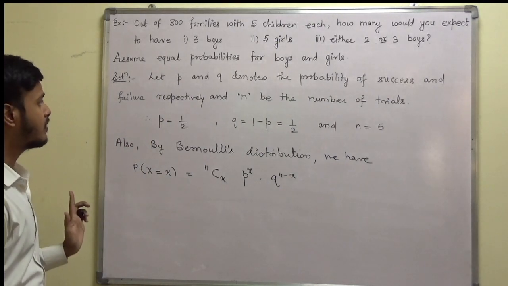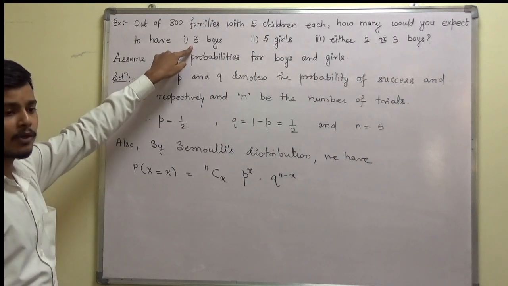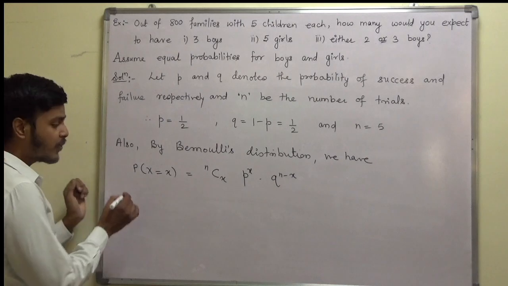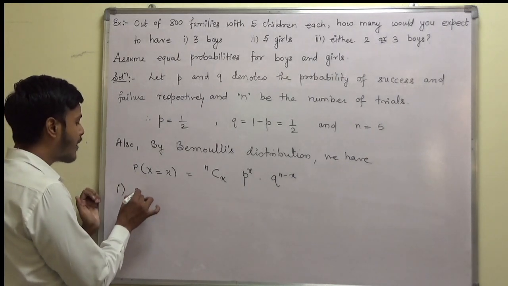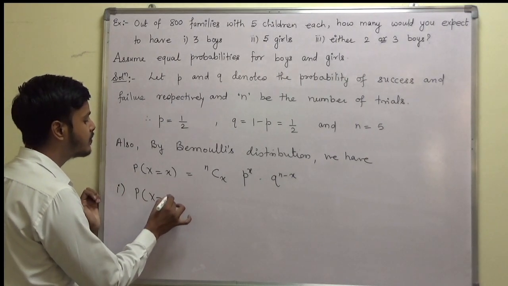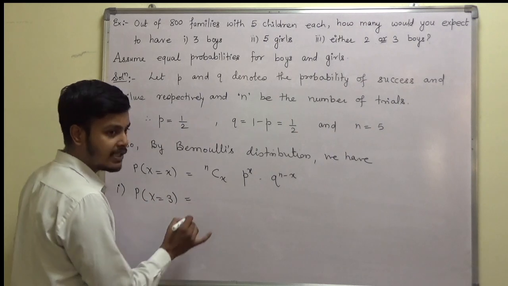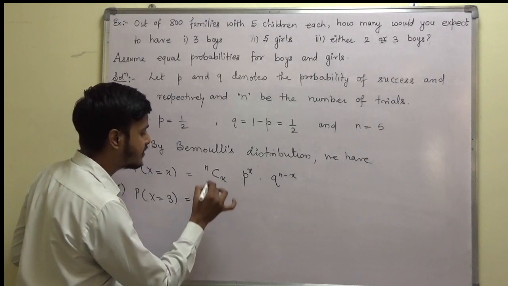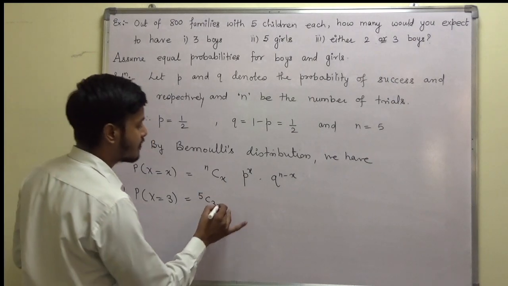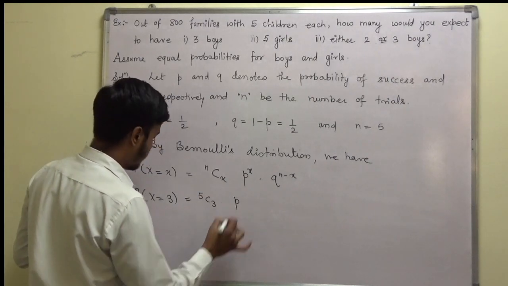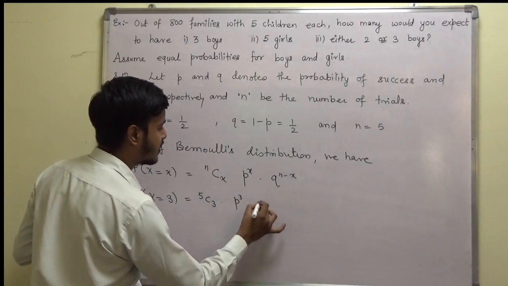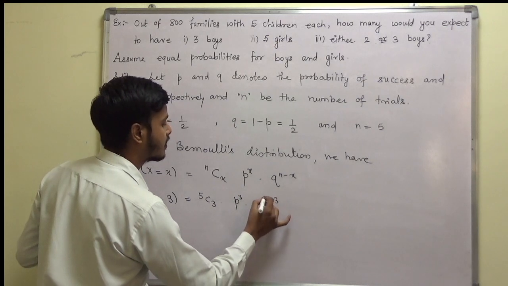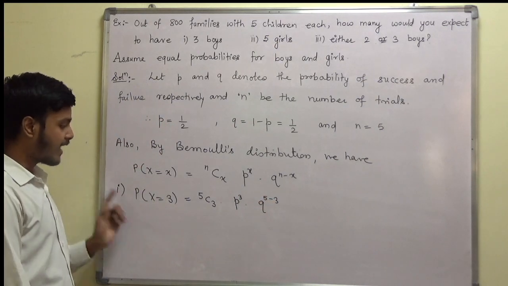This much I know. Now we have to find out the probability of 3 boys. Let us find out one by one. The probability of x is equal to 3 can be written as, n is 5, so this is 5C3 into p to the power 3 q to the power 5 minus 3.